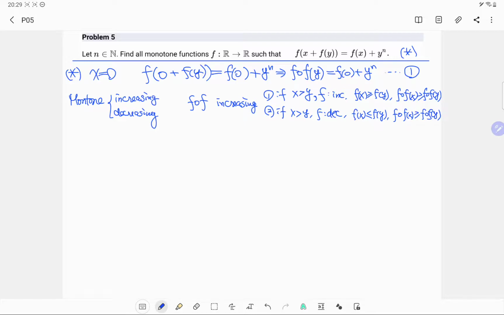But monotone is quite enough. In equation 1, f(y) equals f(0) plus y to the nth power. This part is a monotone function, and this is nothing but a constant, so this part must be monotone.